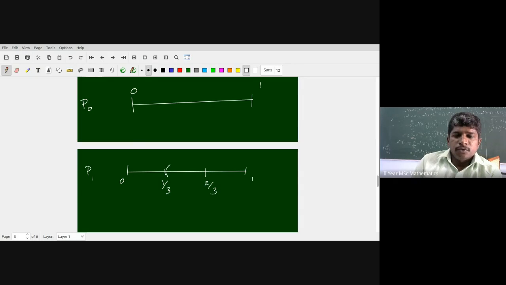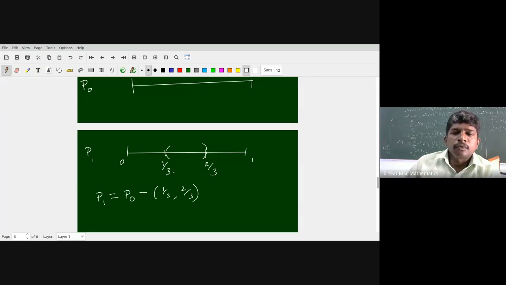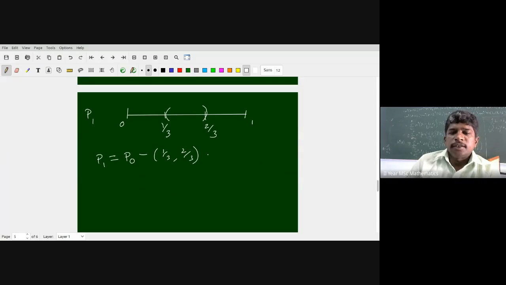The open interval (1/3, 2/3) is removed. So P1 is obtained from P0, that is [0, 1], by removing (1/3, 2/3). That means exactly the set is [0, 1/3] union [2/3, 1].